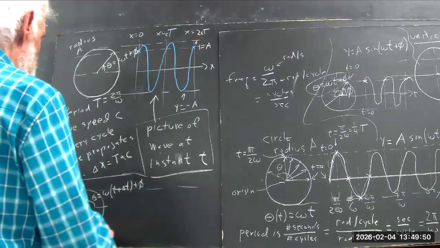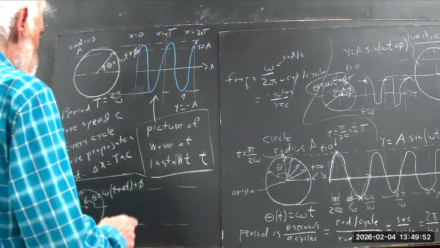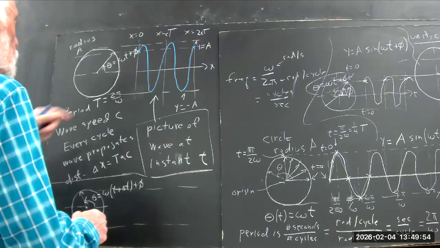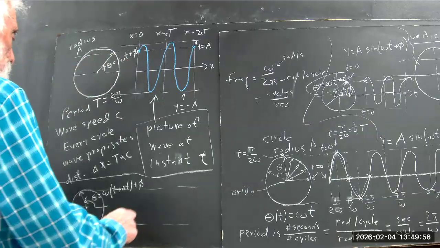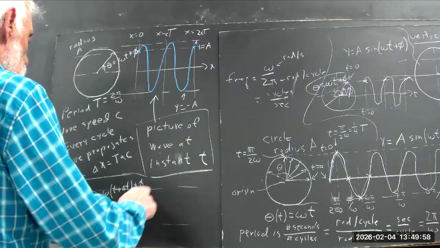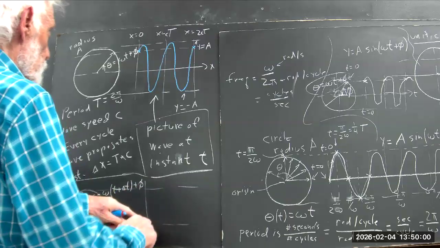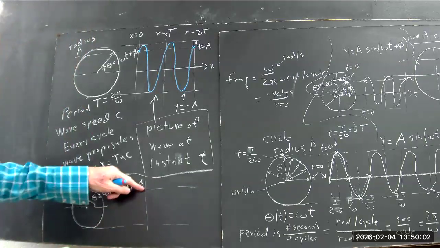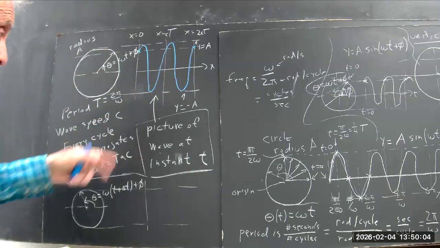So that we have a picture that looks a whole lot like this picture. Got my labeling in the way, so I'm going to have to start over here. So just imagine that this line is in the same position as this line.